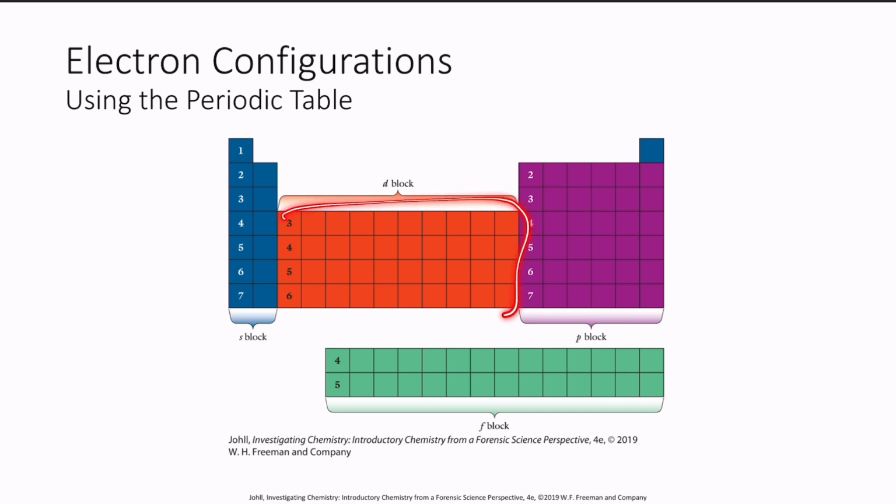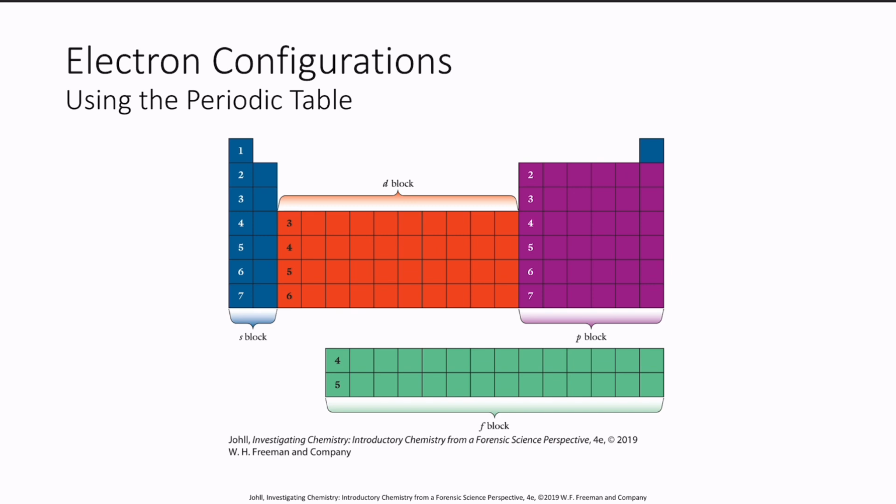The d block is in the middle, and the f block is down here. Now, remember, we can only fit 2 electrons in our s orbitals. So that's why here we have the s block: I can fit 1, 2 electrons in it. Go over to the p block: 1, 2, 3, 4, 5, 6. There are 6 groups in the p block, since I can fit 6 electrons in it.